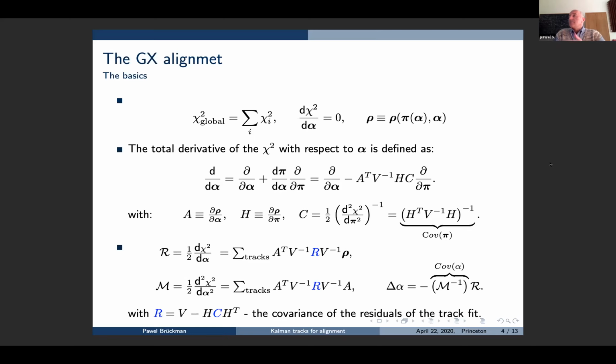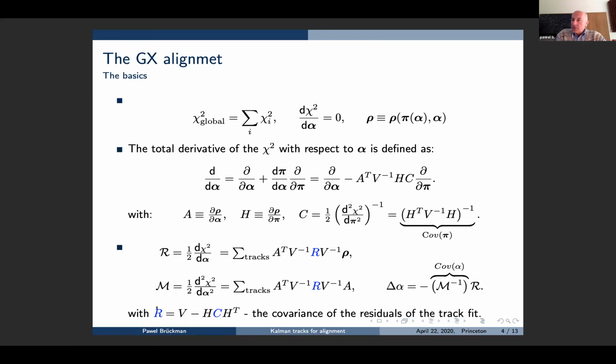With the several symbols defined here, what is important is that the full covariance of the track parameters is an important ingredient in the problem. The linear set of equations is solved by inverting, or some sort of solving of, the big matrix, which is itself the weight matrix of the parameters that are to be determined.